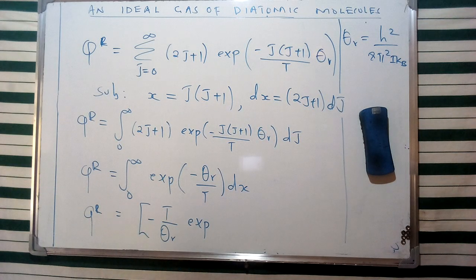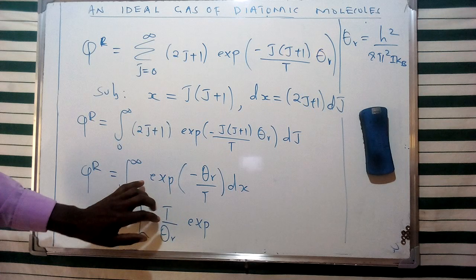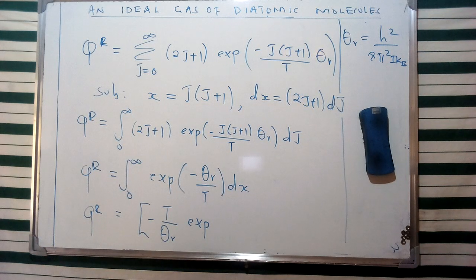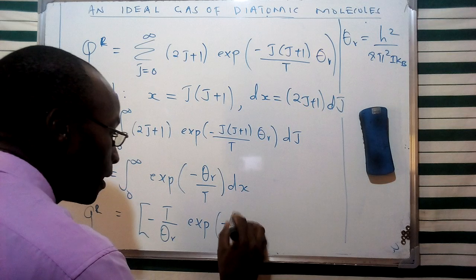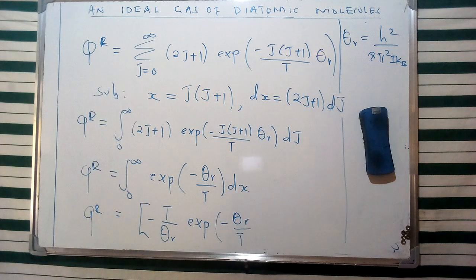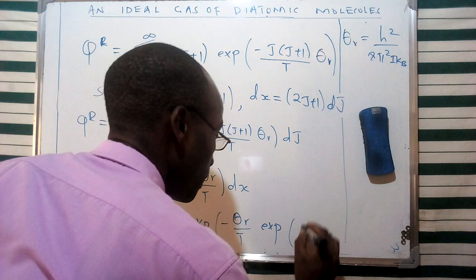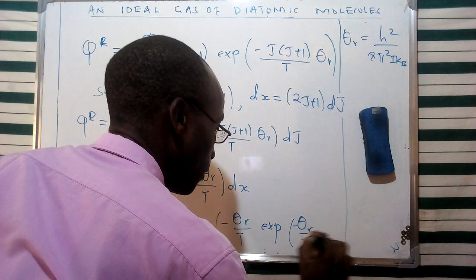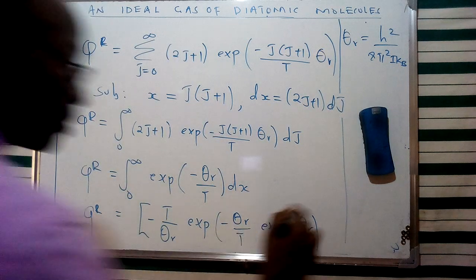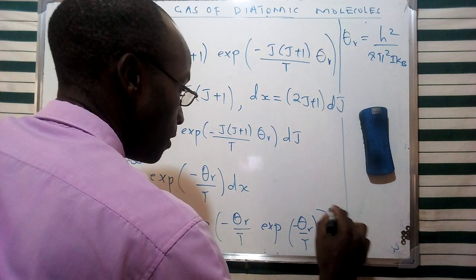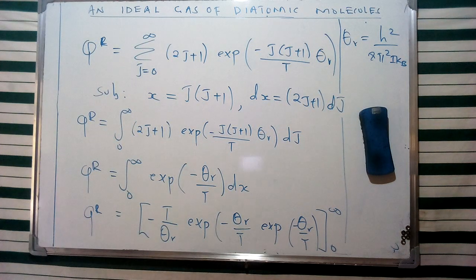From the laws of exponents and of course natural logarithms, we're going to see this one being given as that specific term acting as a coefficient in front of this specific exponent, and of course we're going to have these other values being maintained for the negative rotational temperature over T, and that also is going to be multiplied by the exponent of this specific rotational temperature all over T, and all of that is going to be evaluated between the values of 0 and positive infinity.